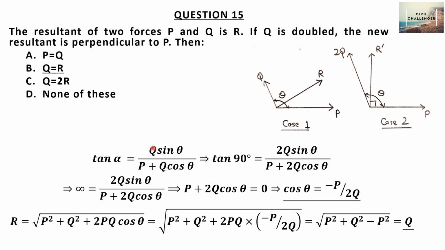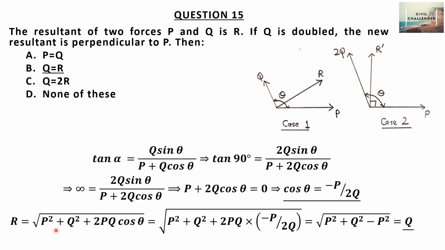Then we can get that infinity is equal to 2Q sin theta divided by P plus 2Q cos theta. In order to satisfy this equation, the denominator should be equal to 0. That means P plus 2Q cos theta is equal to 0, which means that cos theta is equal to minus P divided by 2Q.